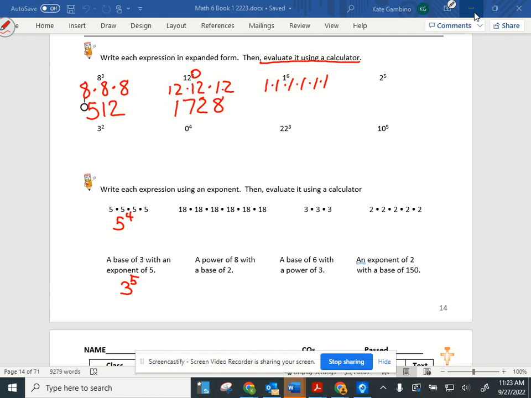So what's 1 times 1 times 1? Okay? So you just have to stop and think it through. Multiplying by 1. So what's anything times 0? 0. But why would we still have to do 0? Well, yeah, because you have to write it in expanded form. So you still have to show me the expanded form.